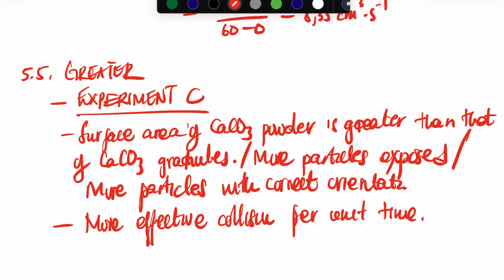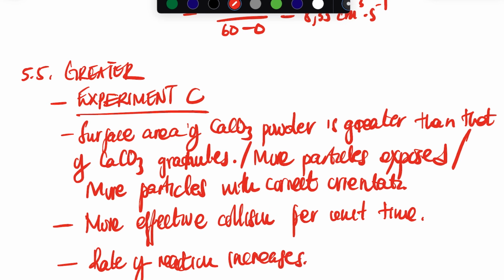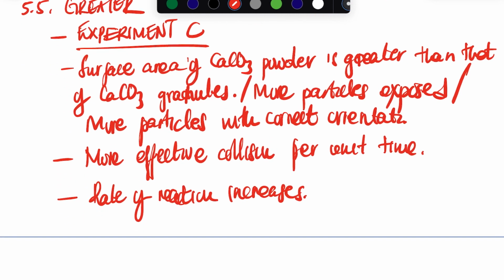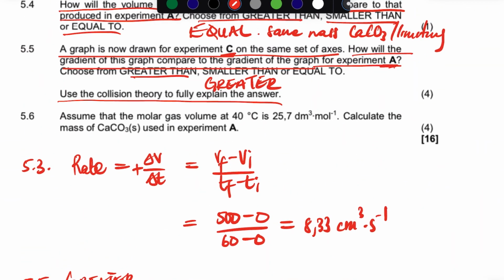This is very important, guys. This is the second point. And then the third point, you will say the rate of reaction increases. Right? That's 5.5. Let's look at 5.6.